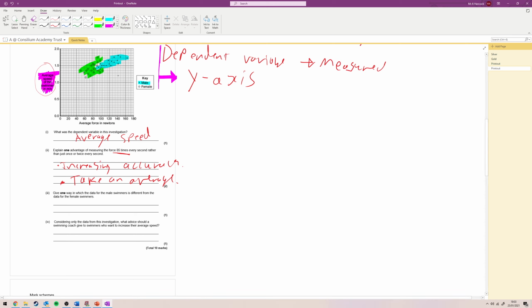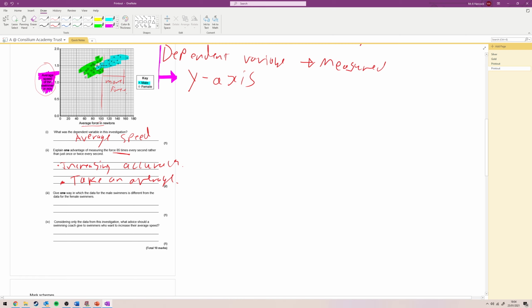Let's have a look then. Well, I can see that the males pretty much mostly, on average, produced more force. You see the average force? They produced more force.